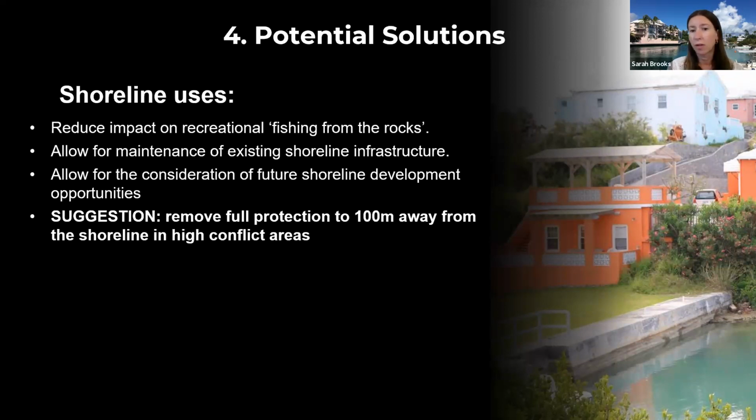So in order to address some of the feedback we've received, we need to consider how we can reduce impact on recreational shoreline fishing, so fishing from the rocks, how we can allow for the maintenance of existing shoreline infrastructure, and also how we can allow for the consideration of future shoreline development opportunities. And the suggestion in this case is to remove the full protection to 100 meters from the shoreline in these high conflict areas.